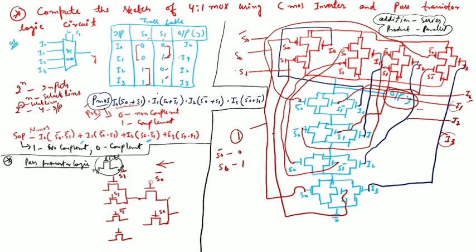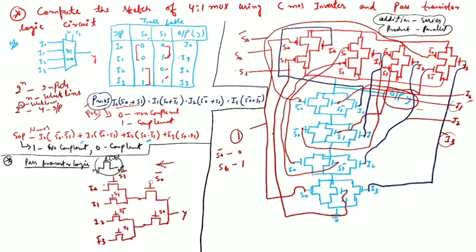So this will be the complement here, and in the bottom this will be the 1, without complement. So this will connect to this. Here the first one is I0, second I1, third I2, and fourth I3, and from here we get the output Y. So this is the pass transistor circuit.